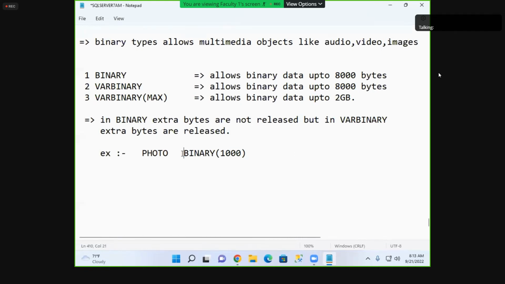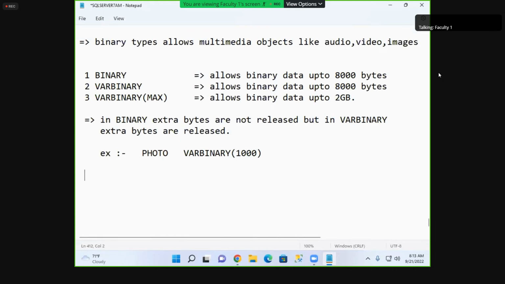Allocated is 1000 bytes, but the photograph takes 500 bytes, so in the case of binary the rest is wasted. If we use varbinary, extra bytes are released. Whatever difference there is between char and varchar is the same here. So use binary for fixed length and varbinary for variable length.